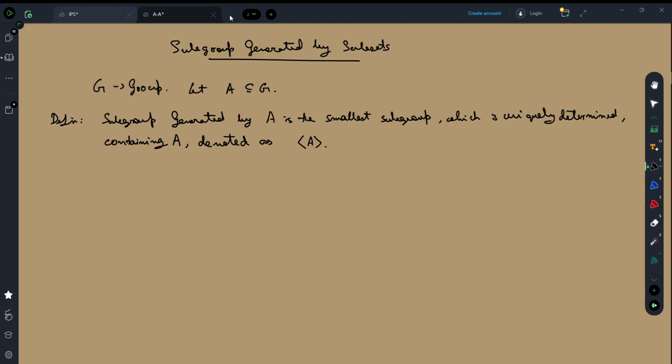Now, learners who have already studied group theory must be a bit familiar with this notation.